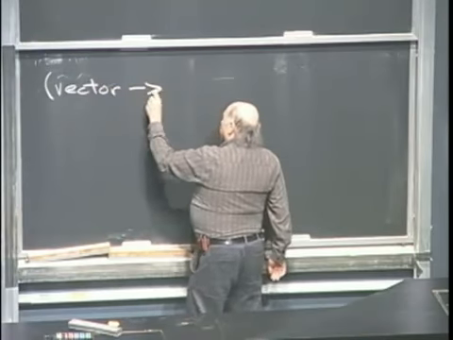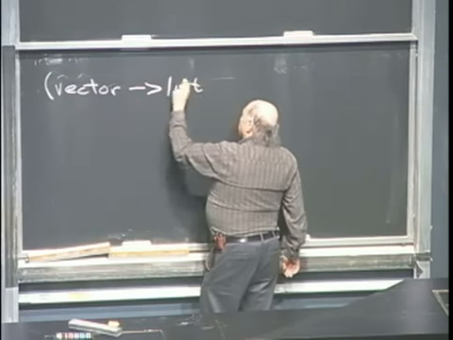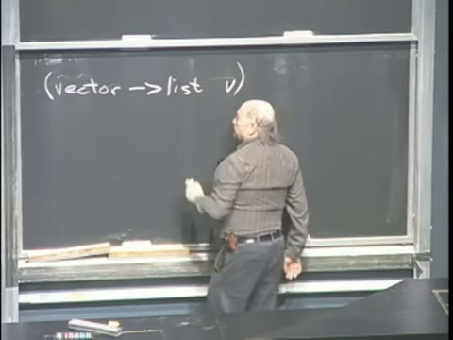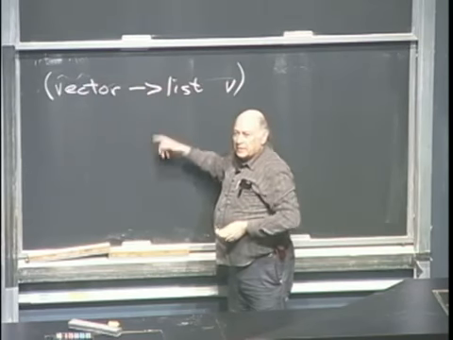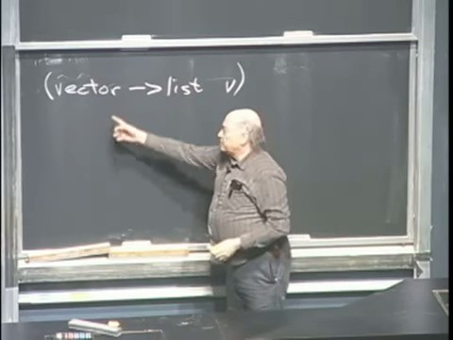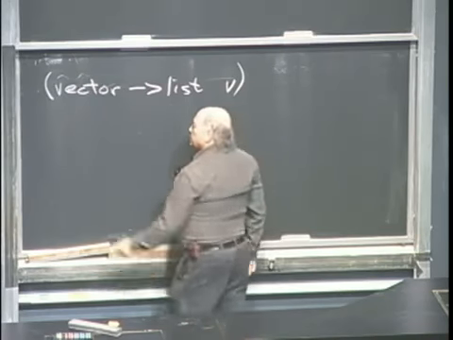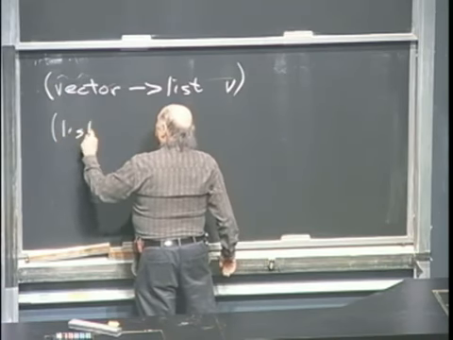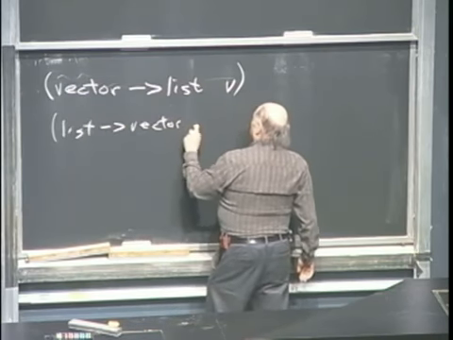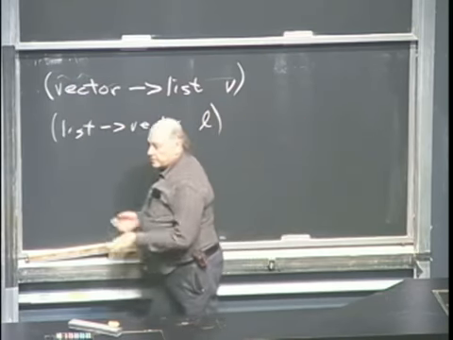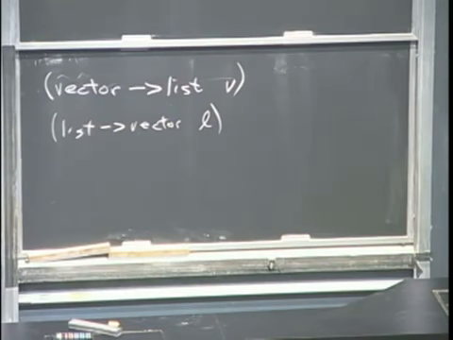Vector to list of V. This is a minus sign followed by a greater than. It's supposed to look like an arrow, and it's pronounced to, as in vector to list. And there's also list to vector L. That does the obvious thing. Okay?